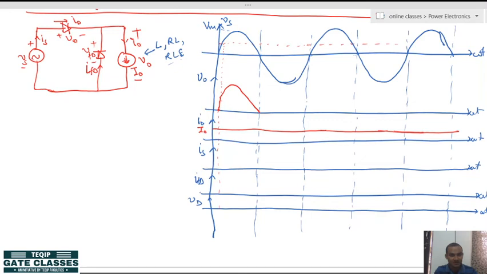Now, let us see, at alpha dash we are starting the circuit, so we can erase this much.